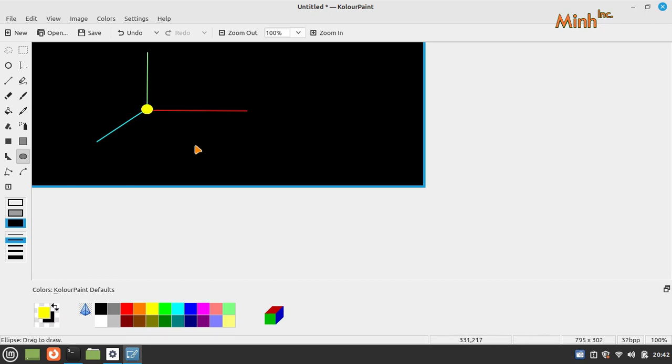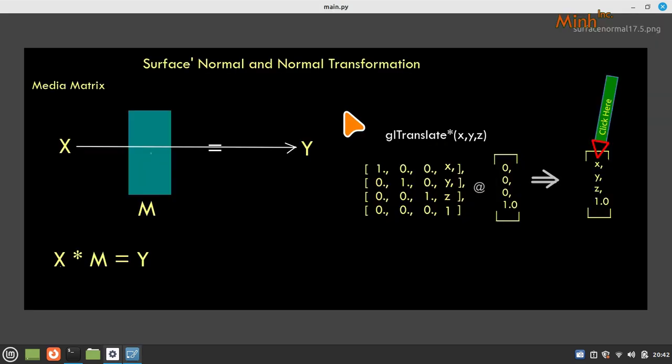If I translate it in x direction, y direction, z direction, this point would now sit somewhere here as per the translation. How much would it shift? If there is a translation of x in x direction, y in y direction, z, so that is the new coordinate. We change the coordinate from origin to new origin. How did it change? It was just multiplied by a matrix. That's it.